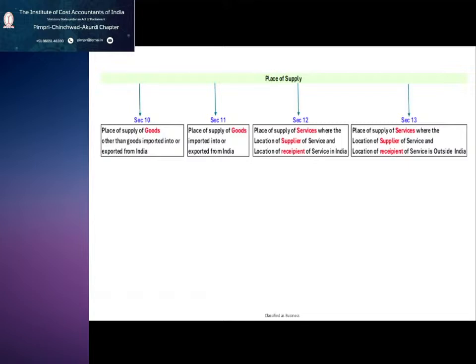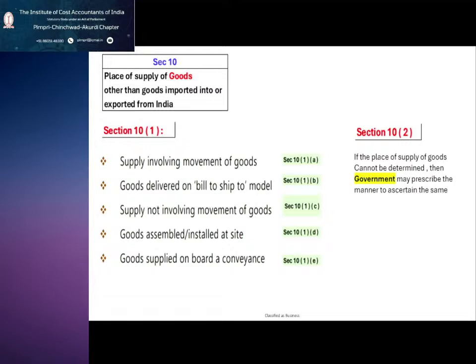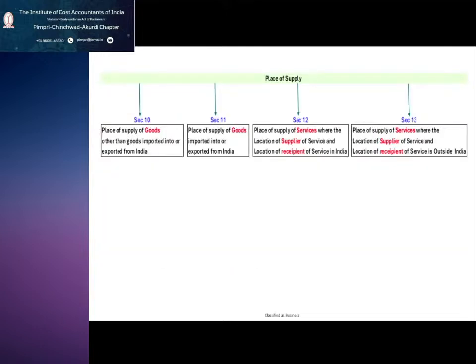We are bifurcating section 10 into subsections, and in section 10 itself we have subsection 2, which is the residuary class. In section 11 you have the place of supply of goods imported into or exported from India. You can see the difference: what is section 10 and what is section 11?